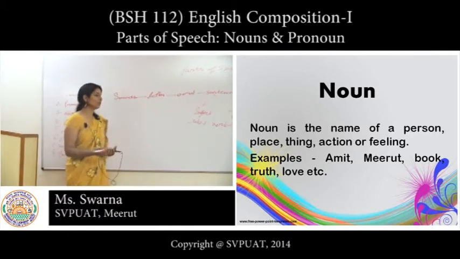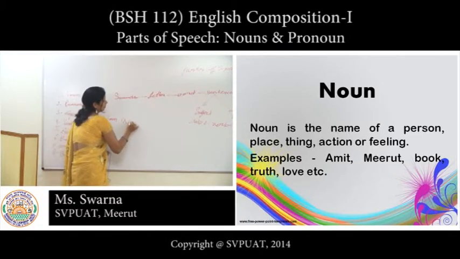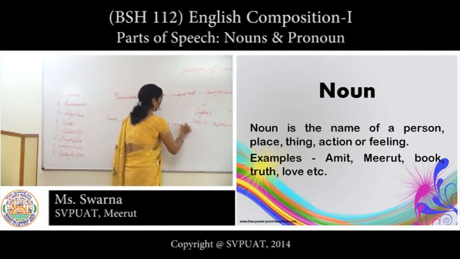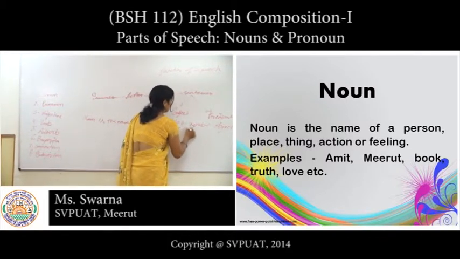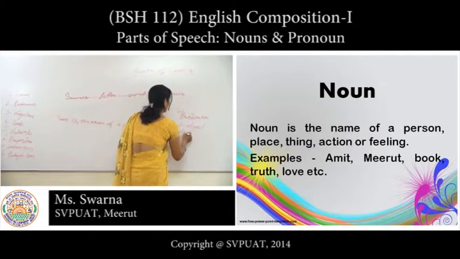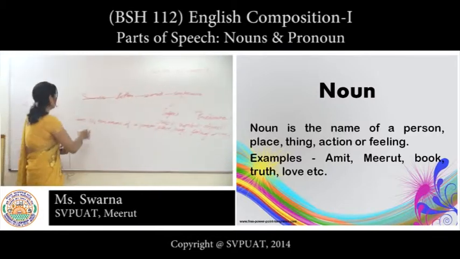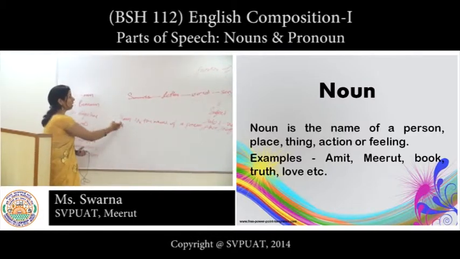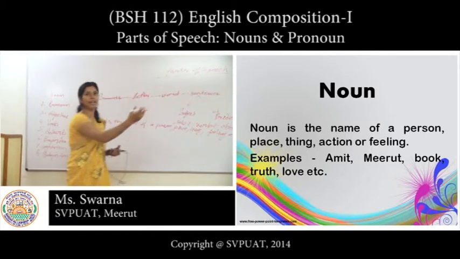What is noun? Noun is the name of person, place, thing, feeling or action. This is the definition of noun, that noun is the name of person, place, thing, feeling or action.